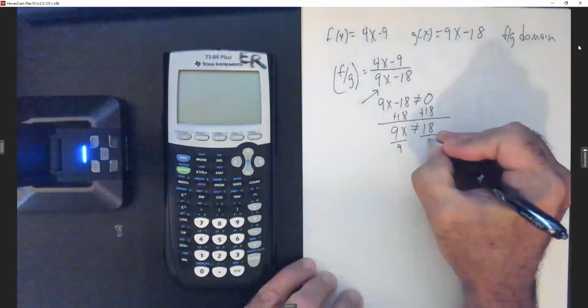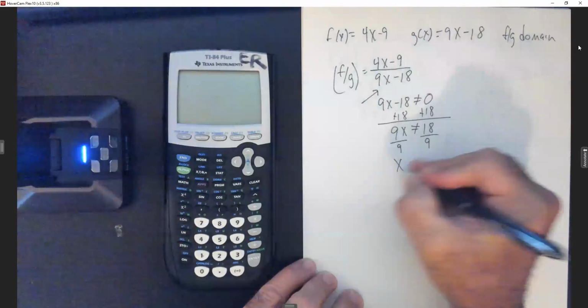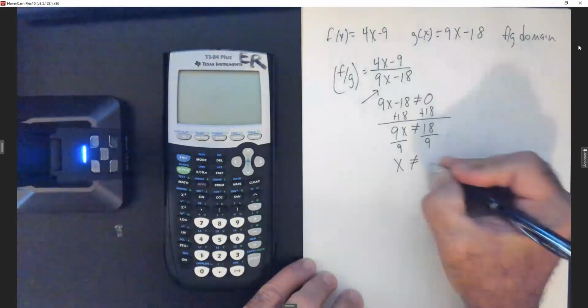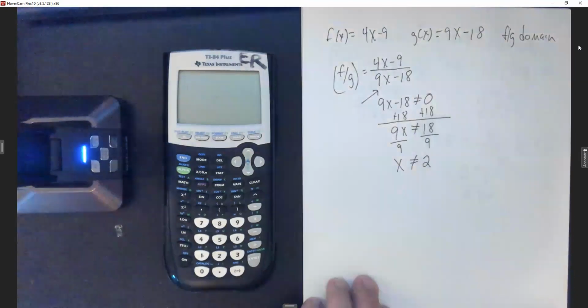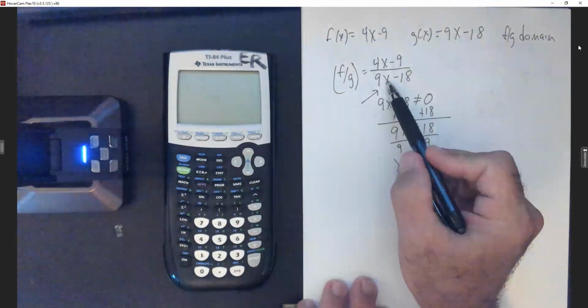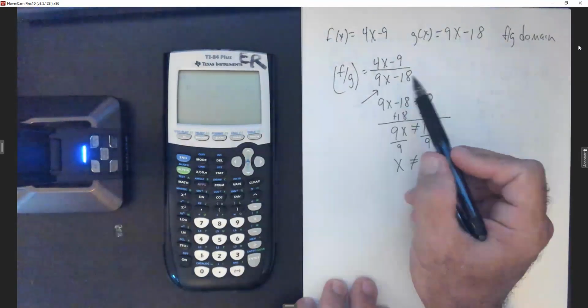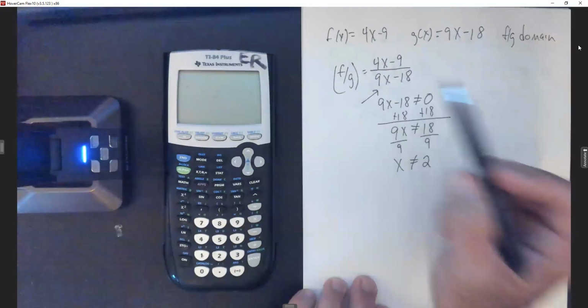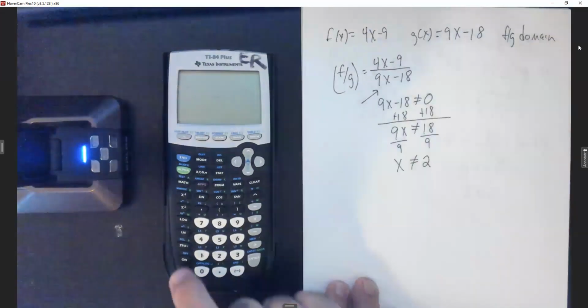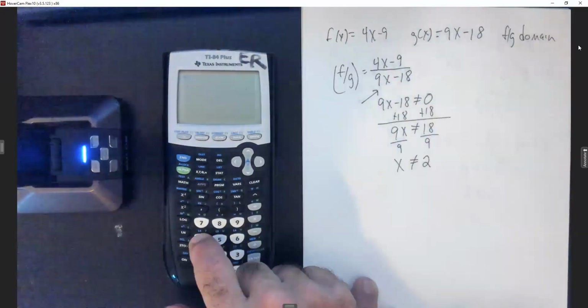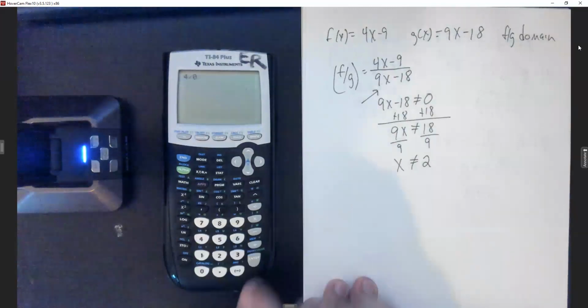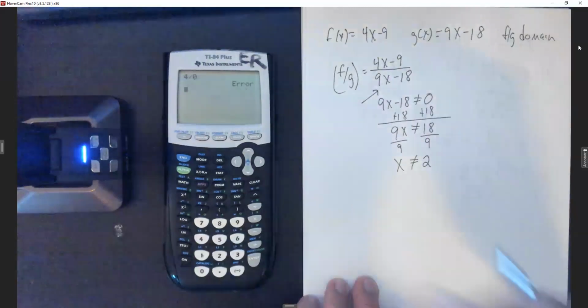So that's telling us what? X cannot equal a positive 2. If I put a 2 in for x, 2 times 9 is 18. 18 minus 18 is 0. And anything divided by 0 is undefined. Right? Watch the calculator. 4 divided by 0. Cannot do it, okay? So what we got to do?